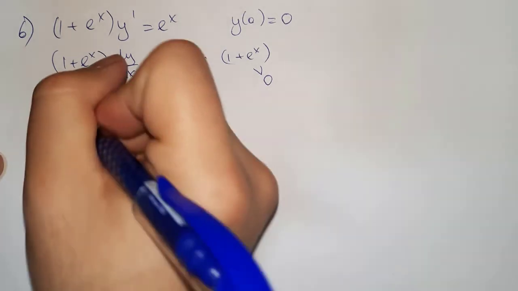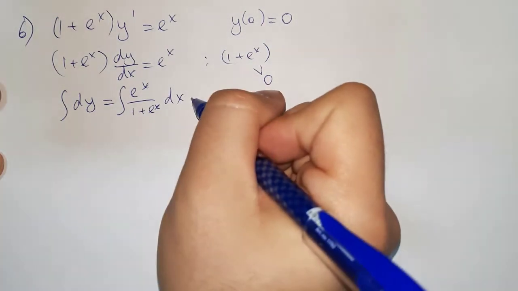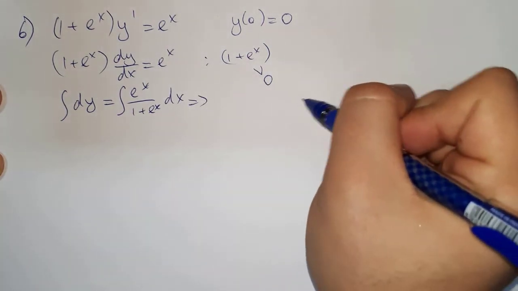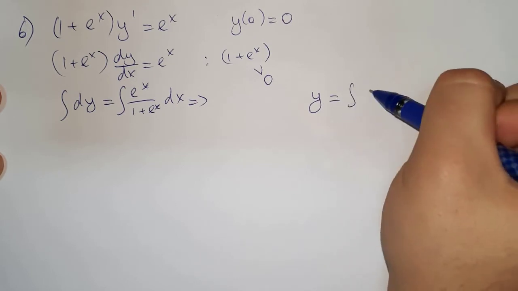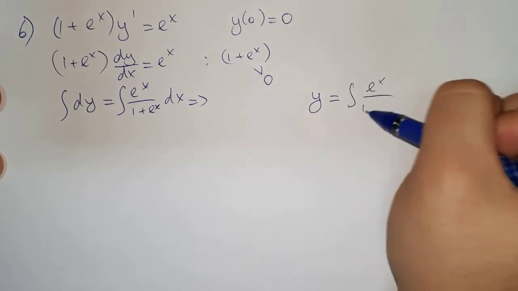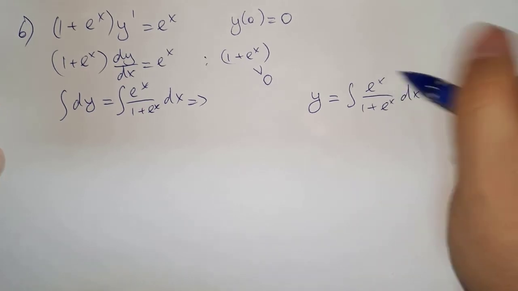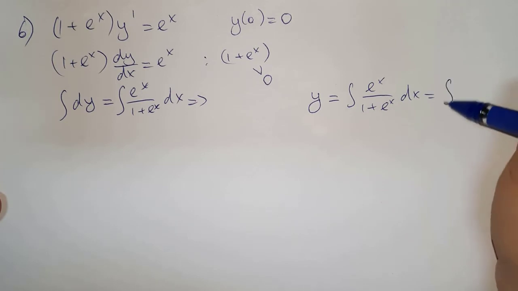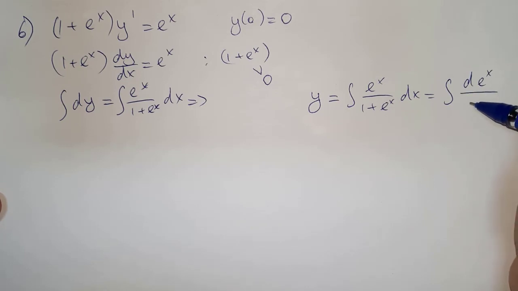Integrating this equation, we get the next one. y equals integral of e to the power of x over 1 plus e to the power of x dx, or you can write this with the differential: d e to the power of x over 1 plus e to the power of x.